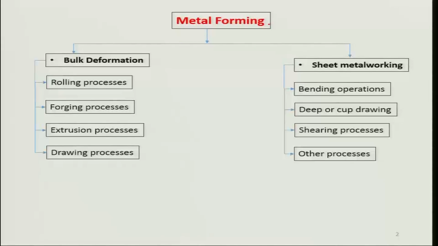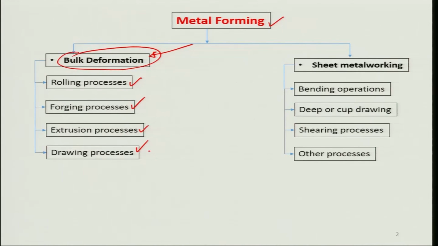So if we look at the basic classifications of the broad term metal forming, it can be classified into two different domains. One is all the processes related to bulk deformation, where there is a deformation along the bulk of the material. Some processes representing bulk deformation are rolling, forging, extrusion, drawing, and so on.